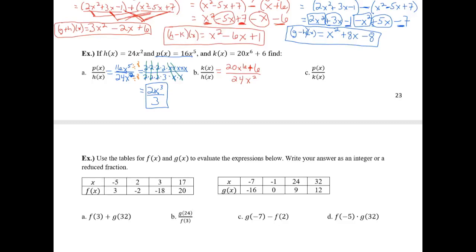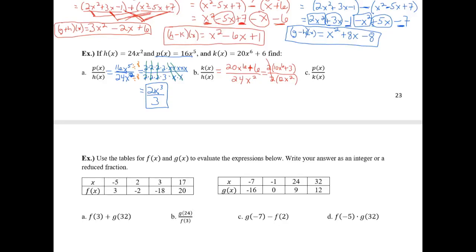Specifically with these numbers here, I see they can all be divided by 2. I could take out a 2 from the numerator, and be left with 10x to the 6th plus 3, right? Dividing a 2 out of 20 gives me 10. Dividing 2 out of 6 gives me 3. And dividing out a 2 from that 24 would give me 12x squared. And the 2's would divide out.